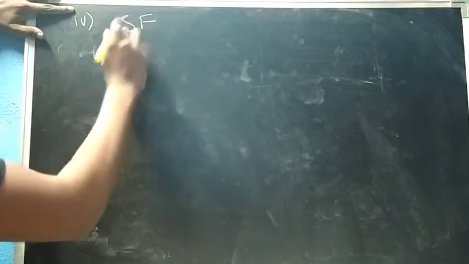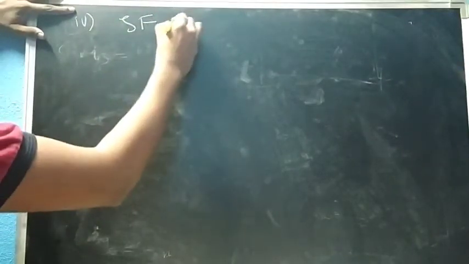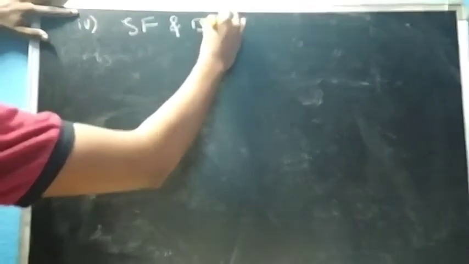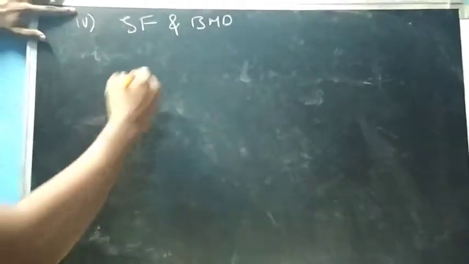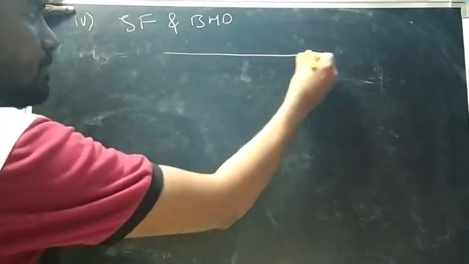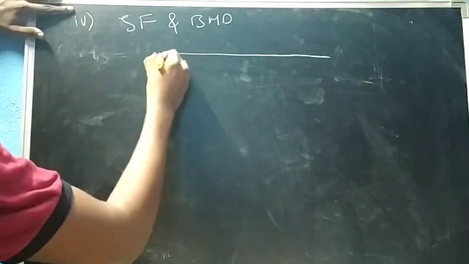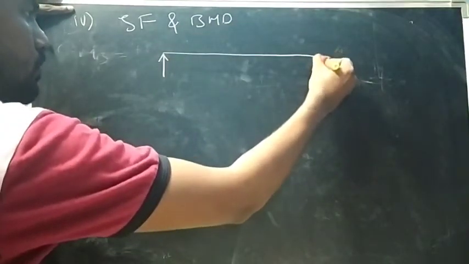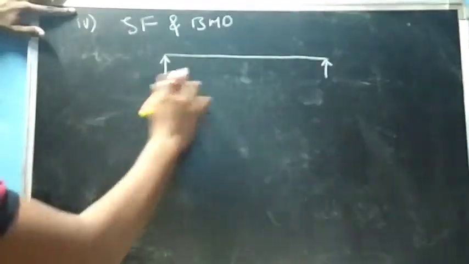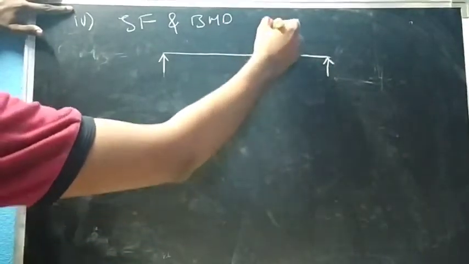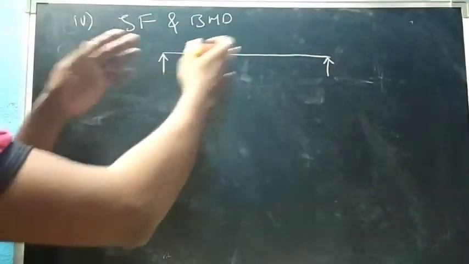The fourth step is to draw shear force and bending moment diagram, right? So I will write here shear force, that is SF and BMD. So we know that first draw the line diagram. Simply supported beam, two supports, one is hinge, one is roller, and the load is acting eccentrically.